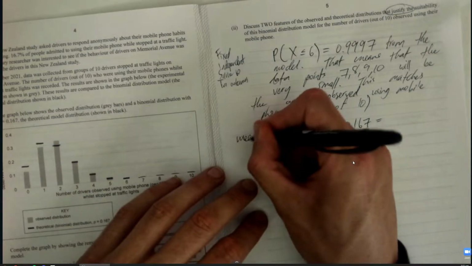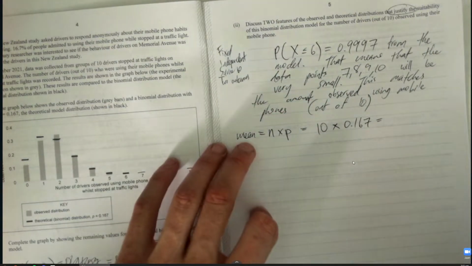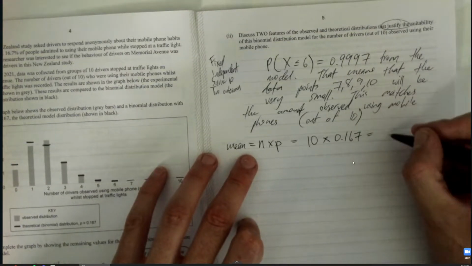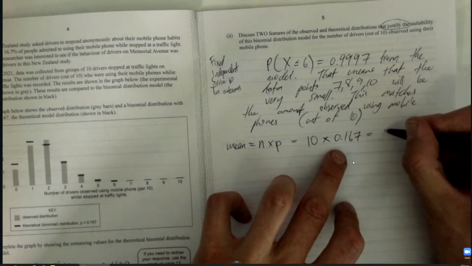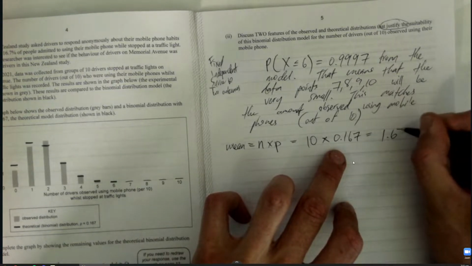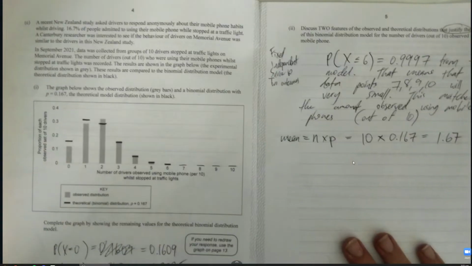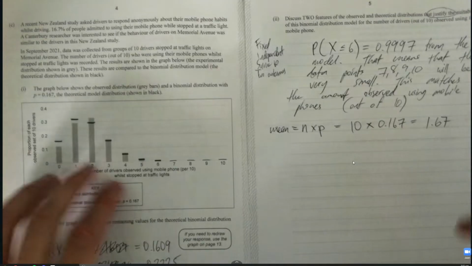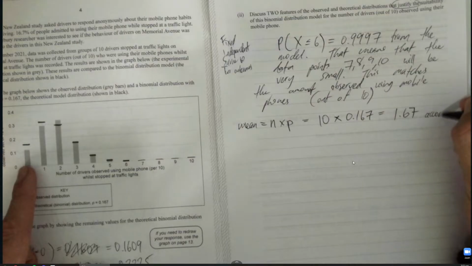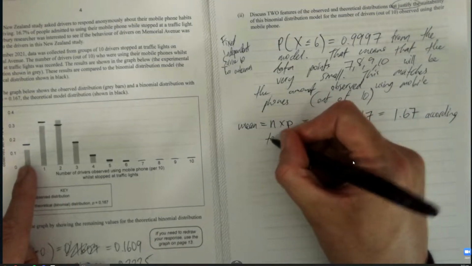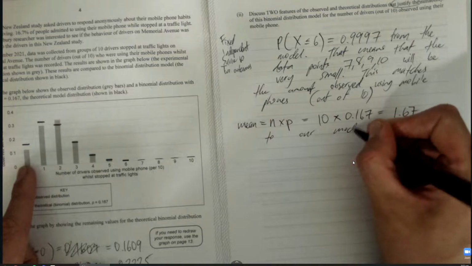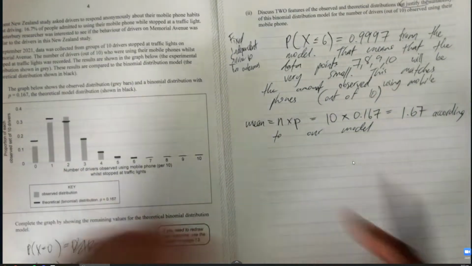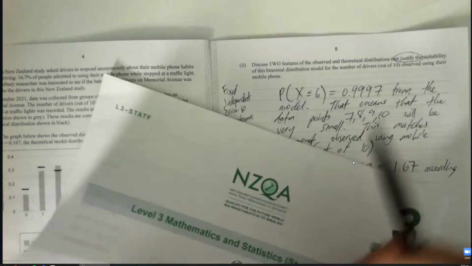I'm just going to write mean, equals 1.67. So according to our model, we've used that data to find the mean, right? I should probably show you how I'm doing this on the formula sheet.